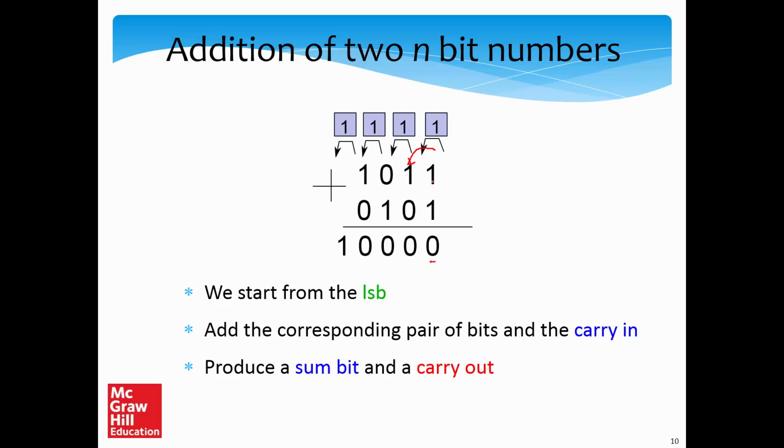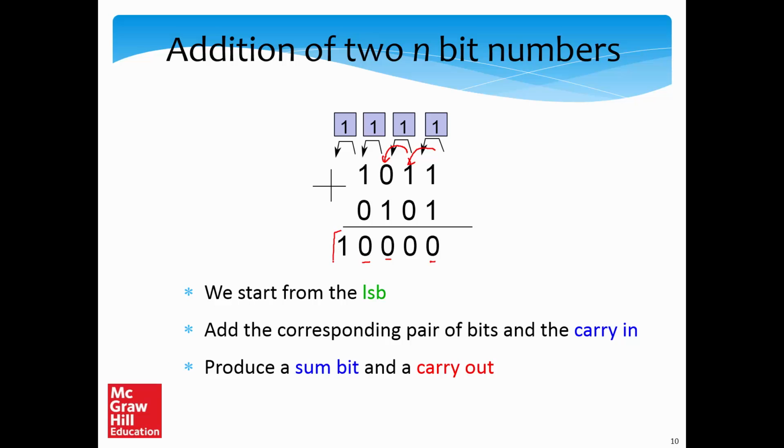In the next position, we need to add 1 plus 1. Again the sum bit will be 0, and again we'll carry over a 1 to the next position. Again we add 1 plus 1, so the sum bit is again 0, and we carry over 1. Finally we again carry over a 1 to the next position, and the addition completes.